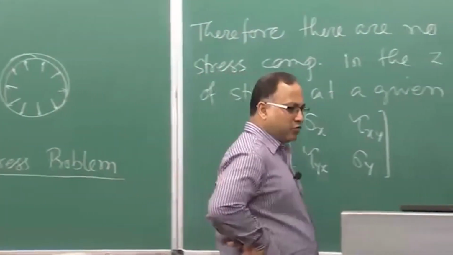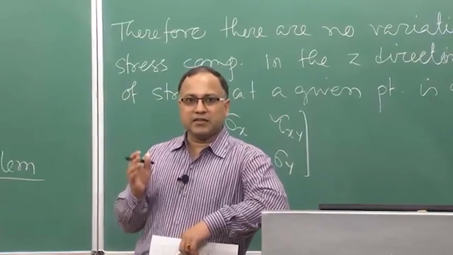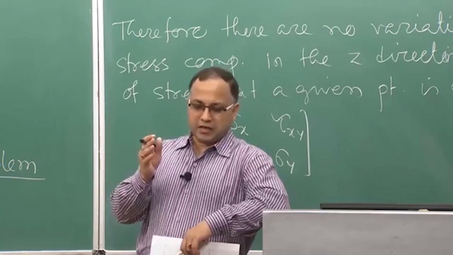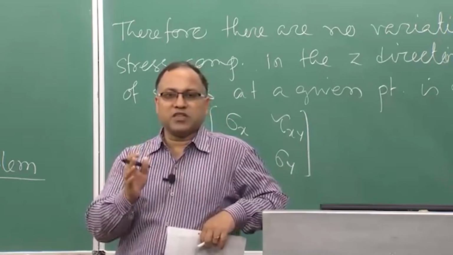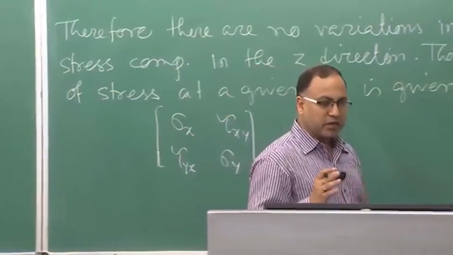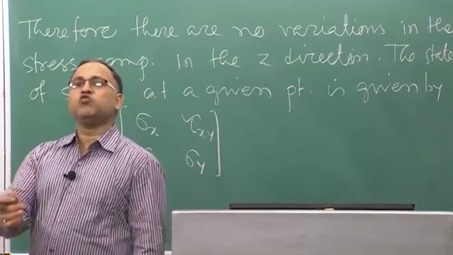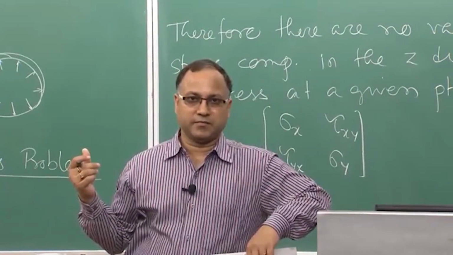Now, if you come back to this figure, the normal stress sigma x or sigma x prime, sigma y prime or sigma y, whatever you consider, if the normal stress is acting on a particular plane, I say this normal stress is positive if it is acting on a positive plane towards the positive coordinate axis.